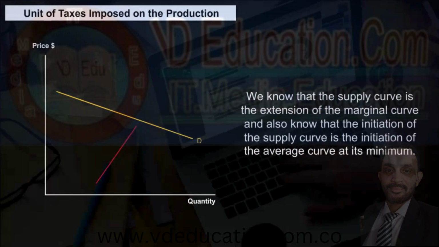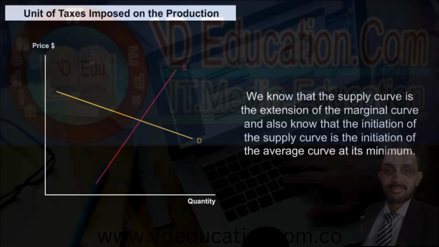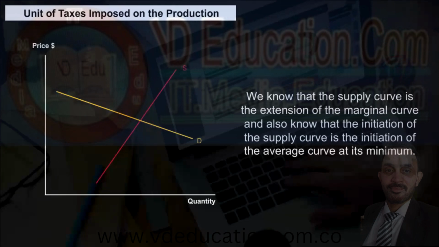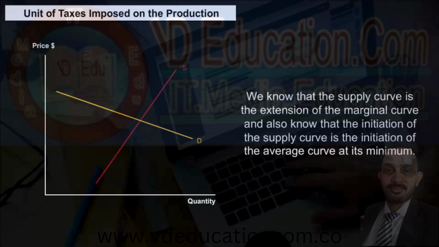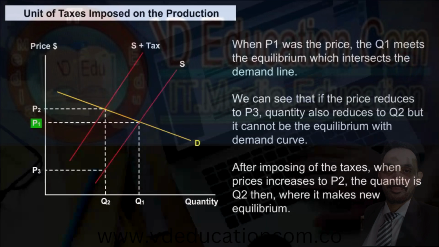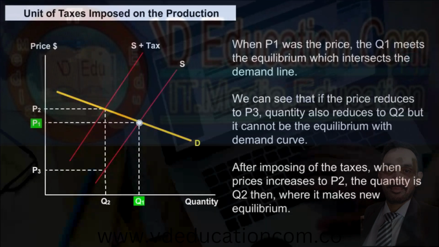We know that the supply curve is the extension of the marginal cost curve, and that the beginning of the supply curve is the minimum point of the average cost curve. When P1 was the price, Q1 was the equilibrium where it intersects the demand line.